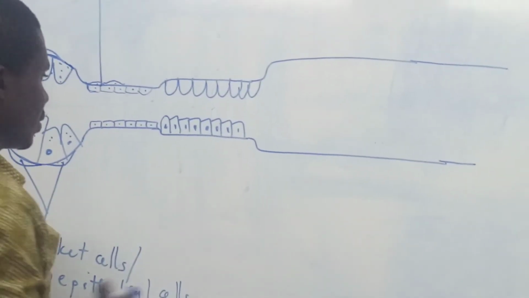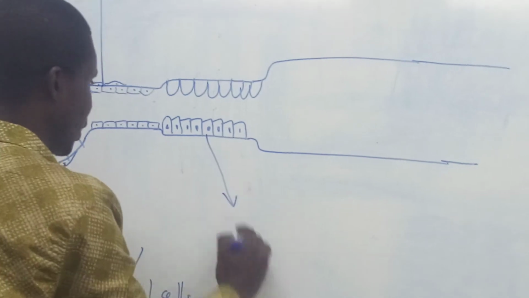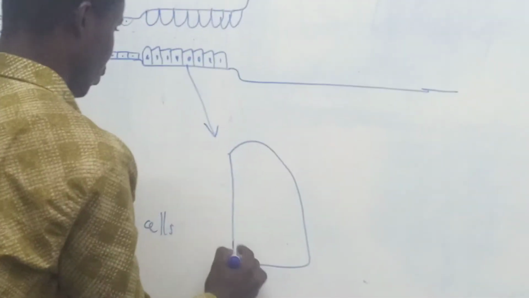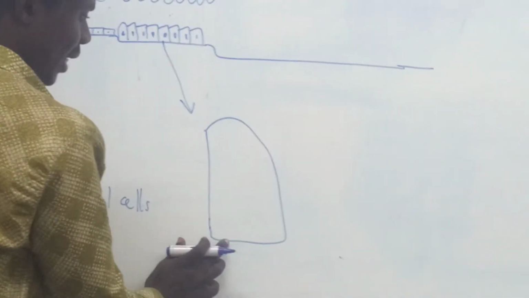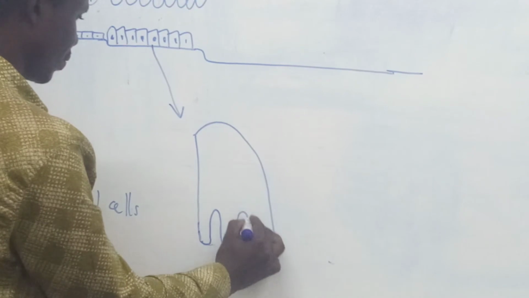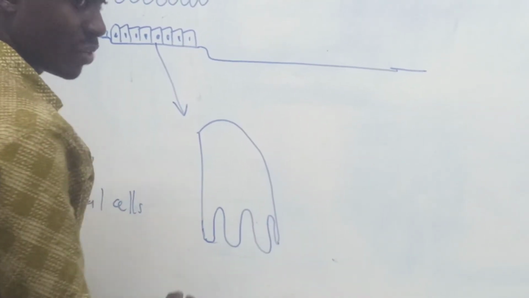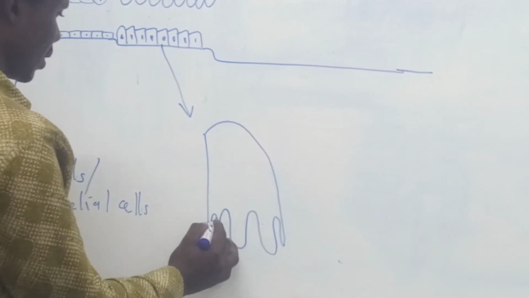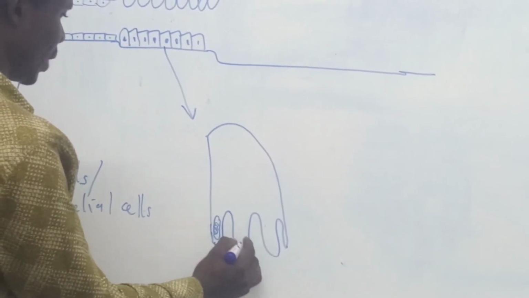But in addition, when I take just one of these cells, we find that there is basal folding of the plasma membrane, and lying within them are organelles known as mitochondria.